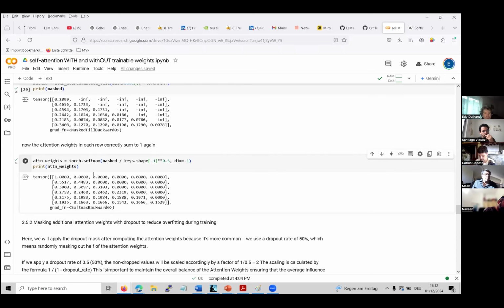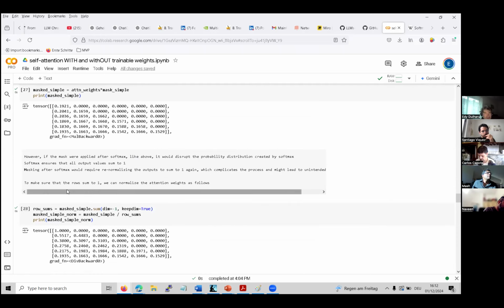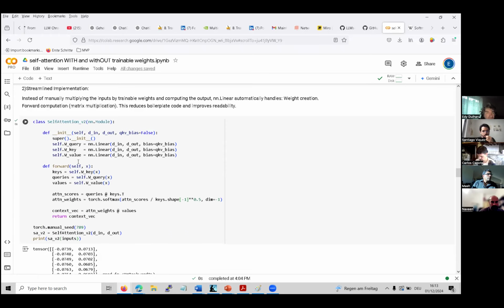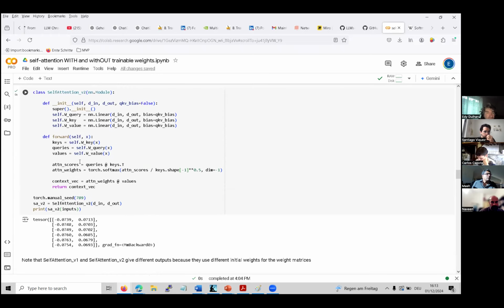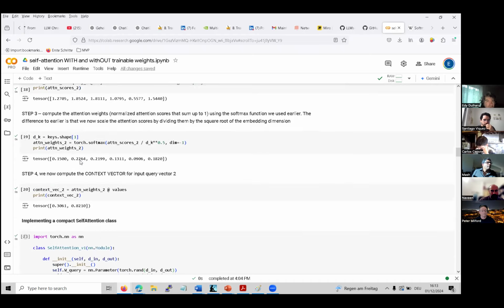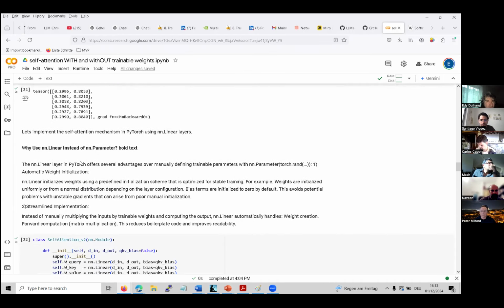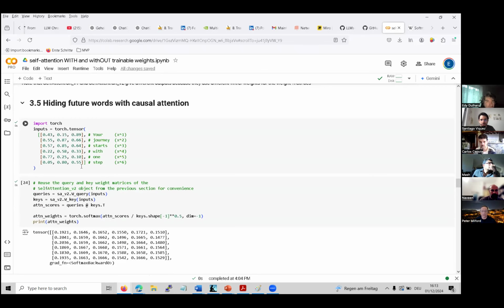Let's go back to a few steps, for example, here. While he's scrolling, remember the weight matrices are initialized with random numbers.